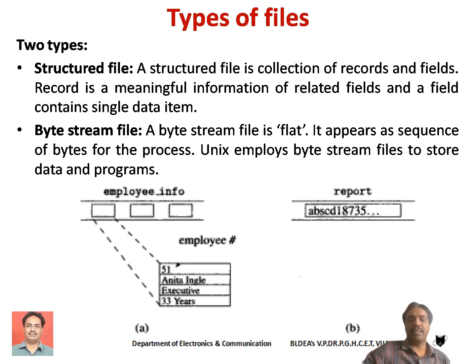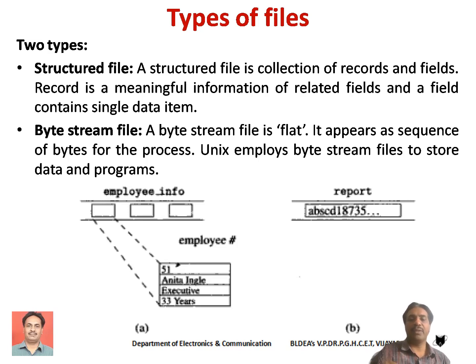In figure A, we have a record called employee information, which includes the age, ID, name, and designation of the employee, and so on. A collection of all these fields can be referred to as a record. Every employee's information can be considered a record.